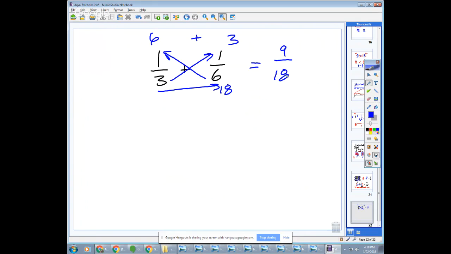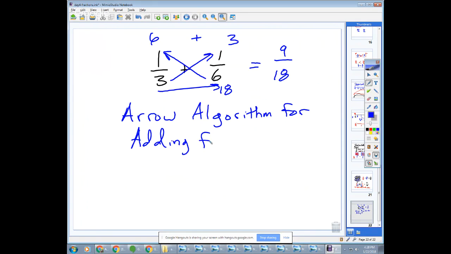And this is called the arrow method or the arrow algorithm for adding fractions. And later we'll compare this to the standard lowest common denominator algorithm and go over pros and cons on it. So we'll come back to that.